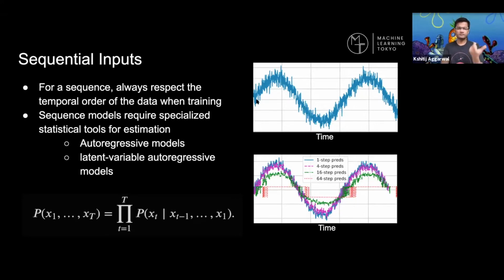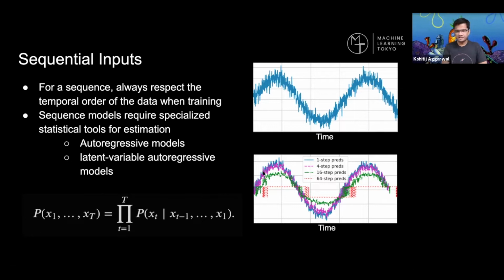But let's say I use the 4 previous values and try to predict 4 values ahead of the current value. Then the error starts accumulating, right? Because I use the 4 values to predict the 5th value, and then I use that 5th value itself to predict the 6th value. And that 5th value might in itself have an error. So my error keeps on accumulating the further out I want to predict.